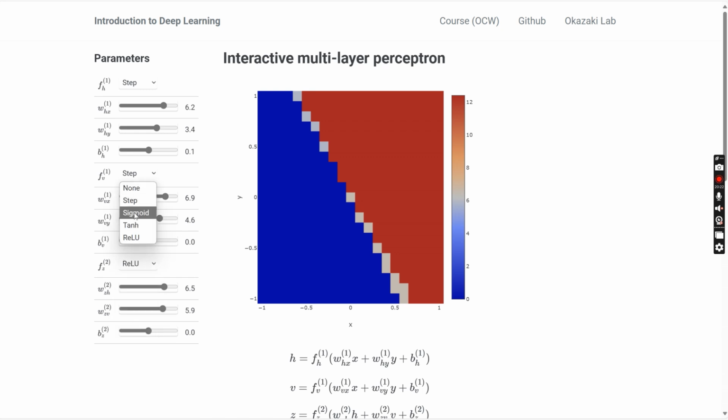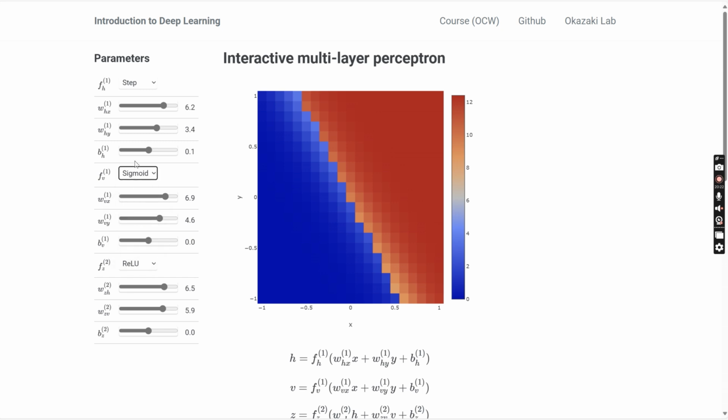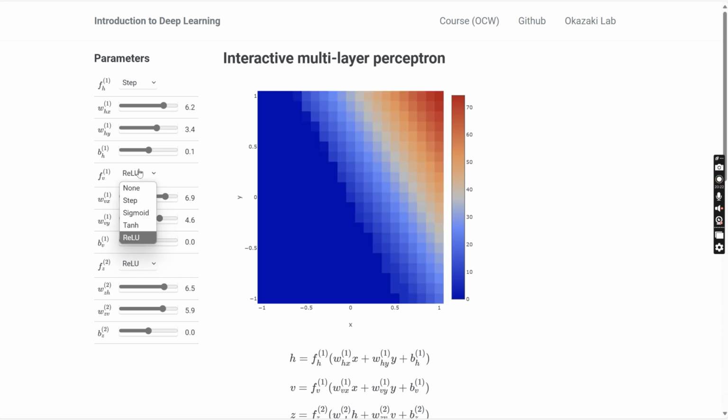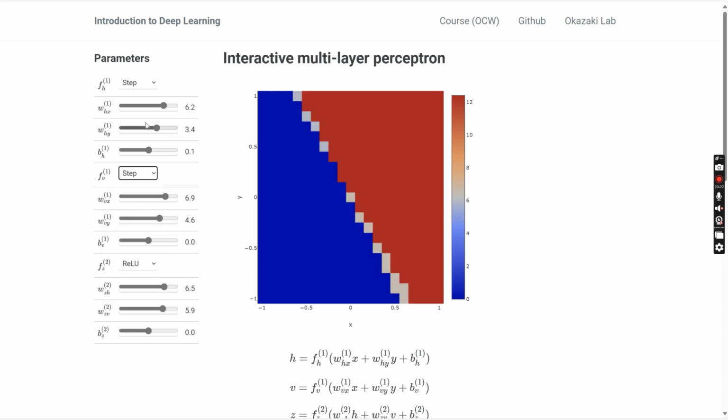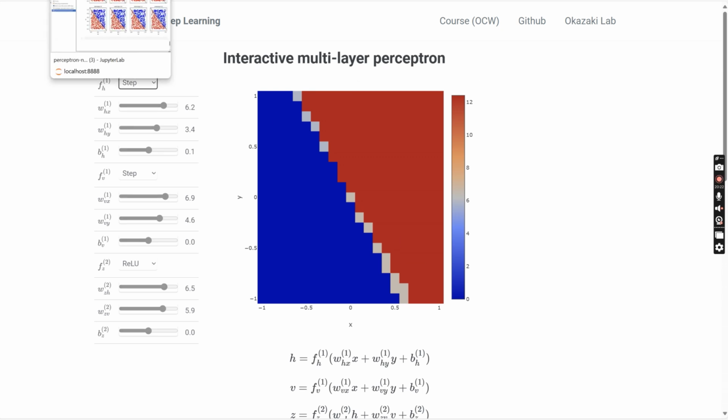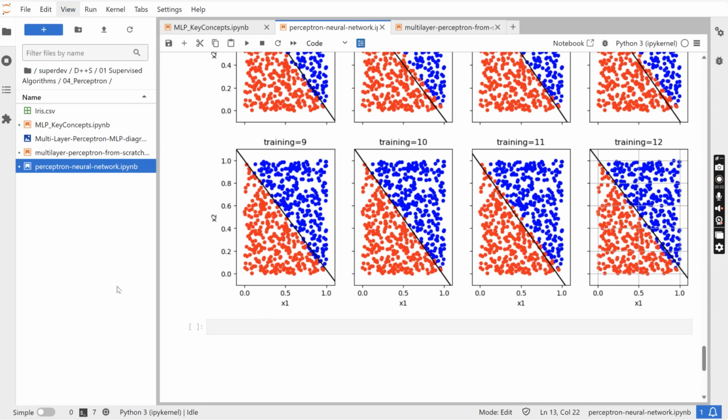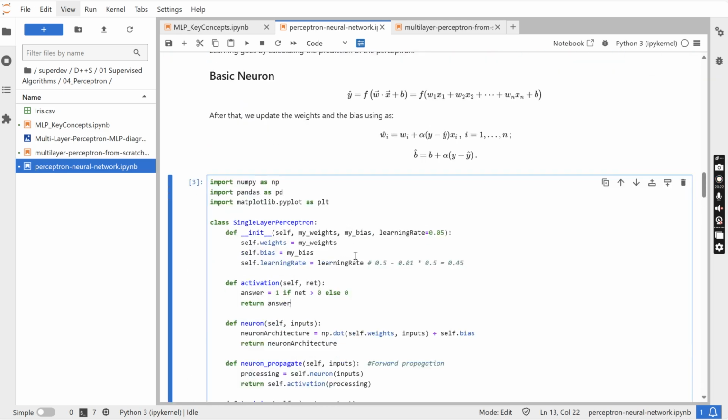Next is sigmoid, next is TANH, ReLU. Different options you can try to get a proper boundary. So in my opinion, for this problem, stepwise is working. Anyway, let's deep dive into the actual learning of MLP.